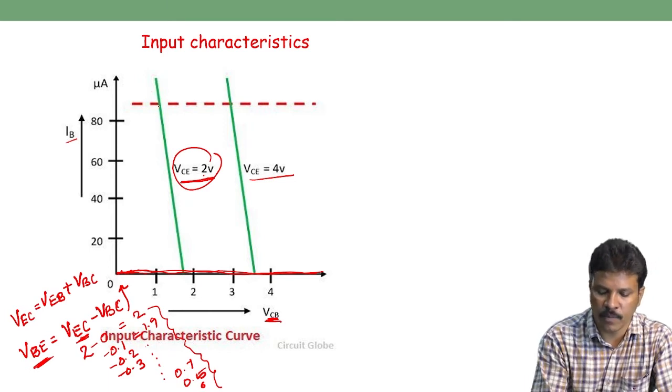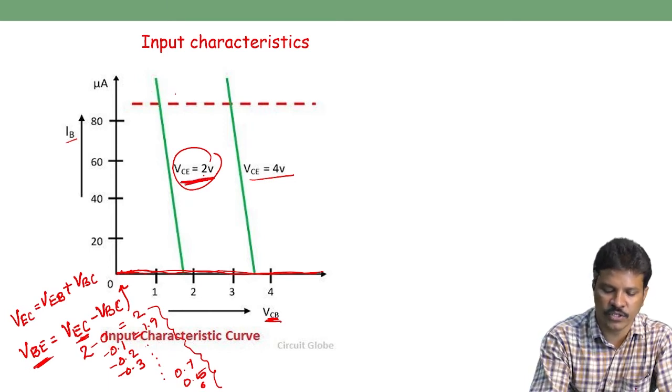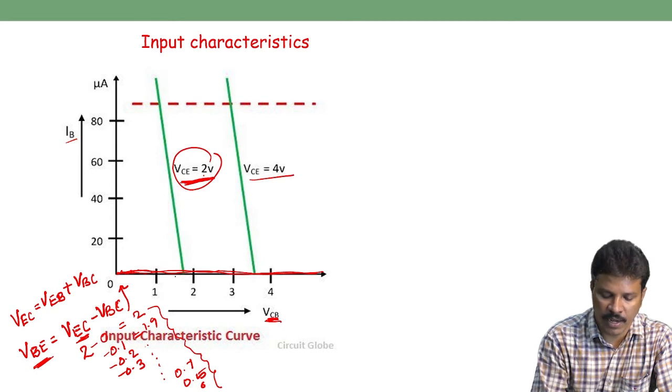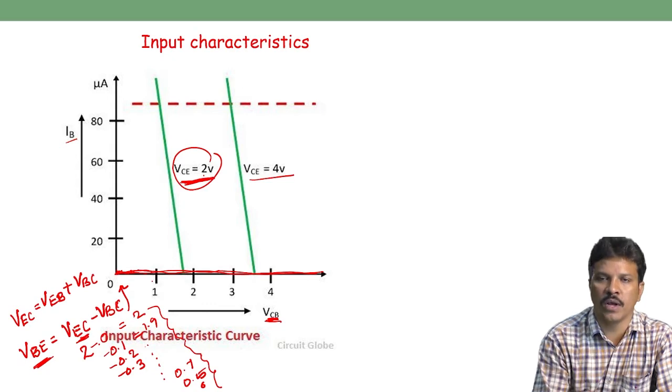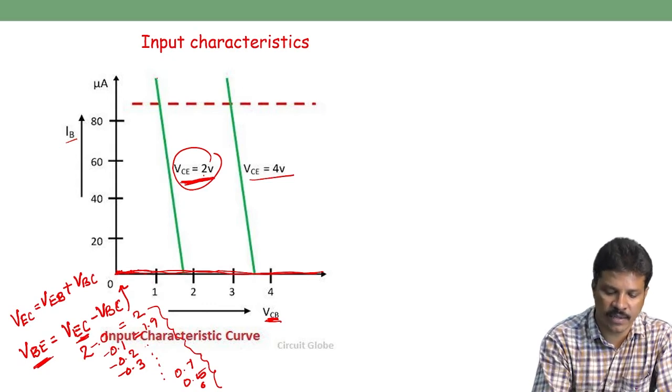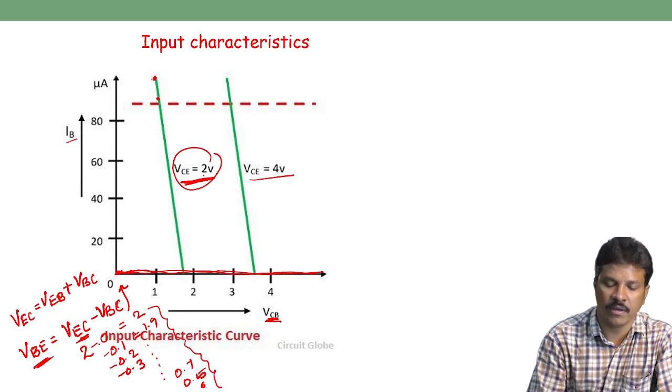Here it is. By keeping VC equal to 0, what is the VBE? When VBC is 0, VEC is 2, and VBE is equal to its corresponding base current, which is nothing but the maximum current. This one is the maximum current.